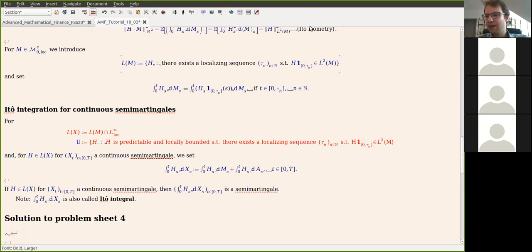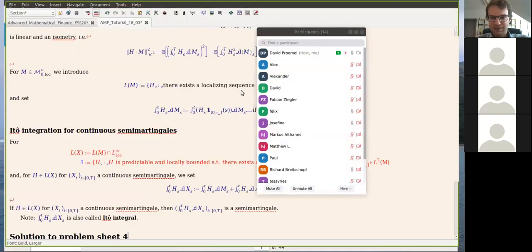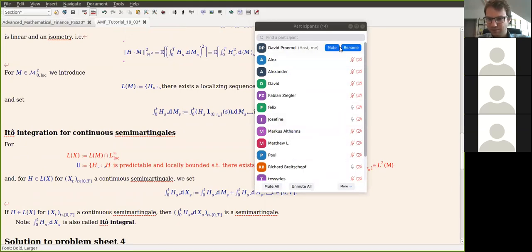The solutions are online already, but I think there are 3 exercises this time. If you have a priority, please write it now in the chat. Then I can see where I want to start. 2, 3, 2.